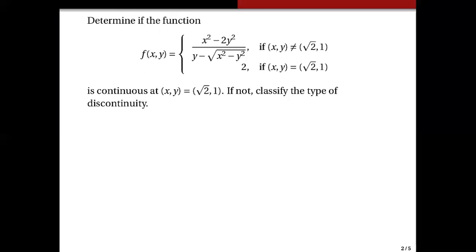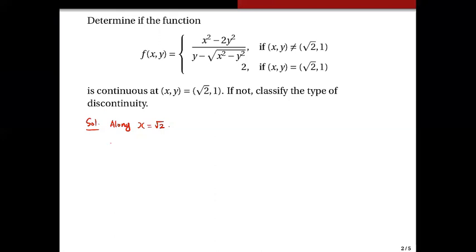Solution. So let us start with the path x equals square root of 2. Along the path x equals square root of 2, since we have fixed x equals square root of 2, we will just let y approach 1.